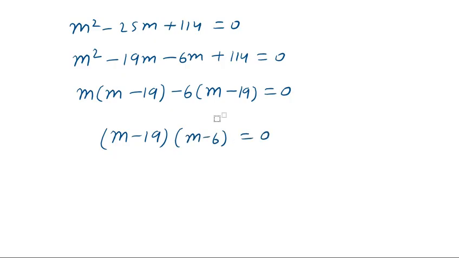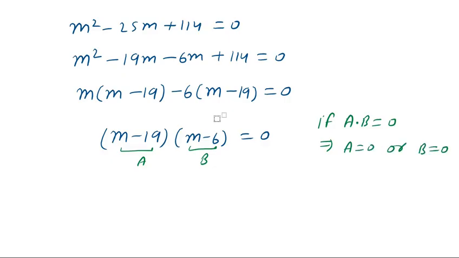Now suppose this term is a and this term is b, and we know that if a into b is equals to 0, this implies a is equals to 0 or b is equals to 0. So according to this rule we can write a is equals to 0 or b is equals to 0, and the value of a is m minus 19.